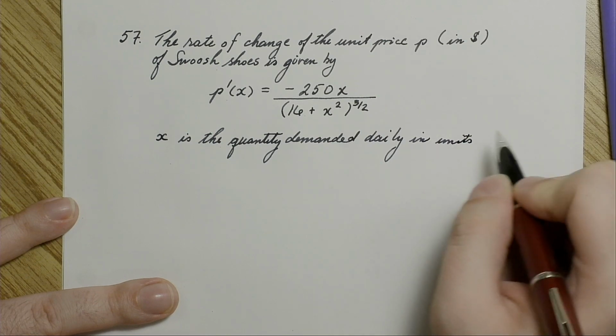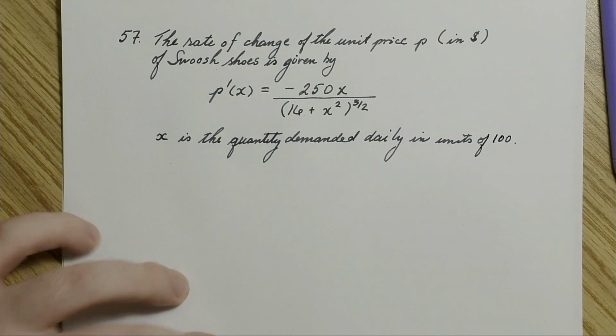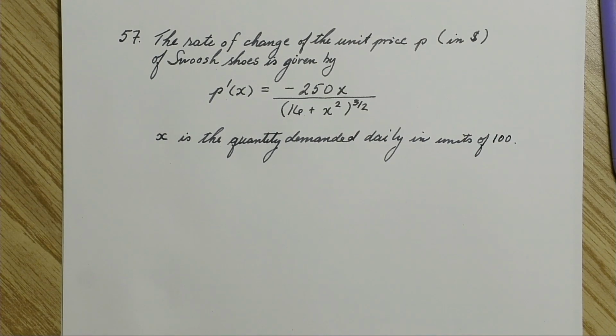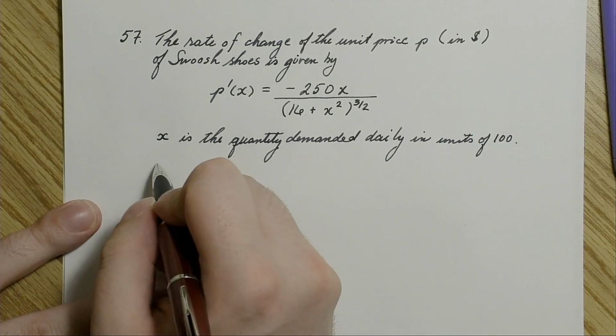And if you can't read my writing, it's also in the textbook, so I'm just writing out important stuff. Then the next part tells me to find the demand function.